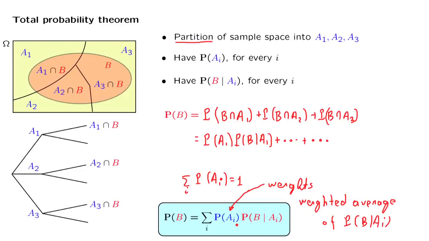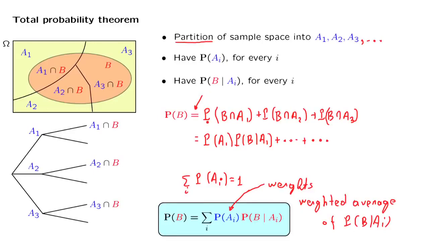One final comment. Our derivation was for the case of 3 events, but you can certainly see that the same derivation would go through if we had any finite number of events. But even more, if we had a partition of our sample space into an infinite sequence of events, the same derivation would still go through, except that in this place in the derivation, instead of using the ordinary additivity axiom, we would have to use the countable additivity axiom.